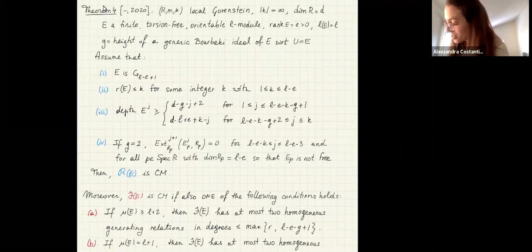So the blue conditions, and just for, oh, first of all, sorry, I need to expand on something.